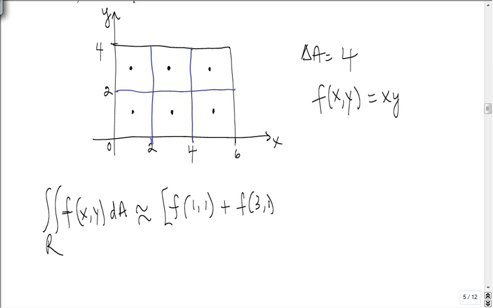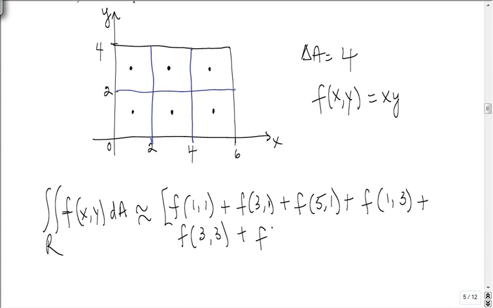Next to it, plus 5, 1. Now let's go above. The first one above, the one to the left is what? 1, 3. The one next to it is 3, 3. And the last one is 5, 3. And then all of this is times 4.